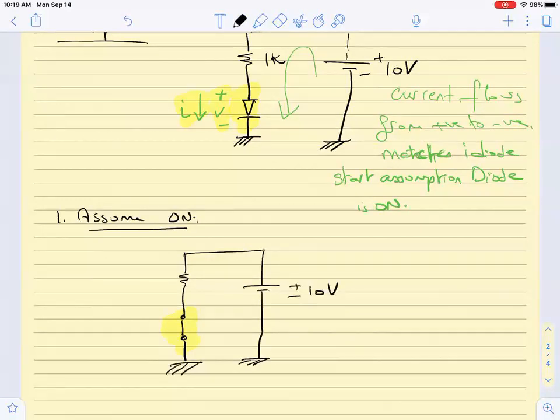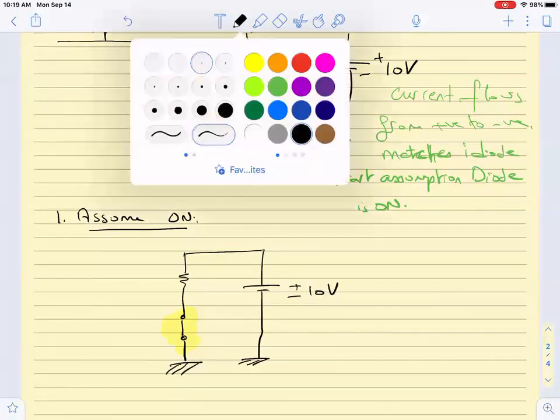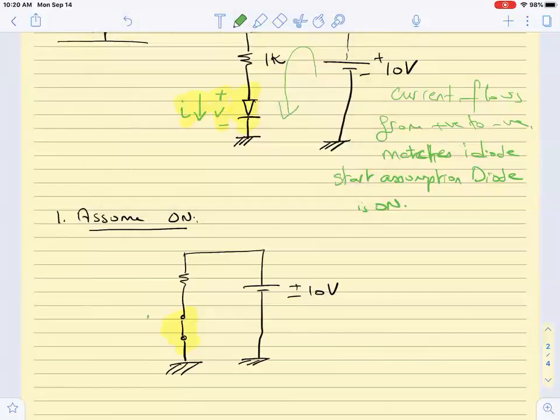I keep the direction of the diode current as I. And this is V of the diode, which is 0. So we know that V is 0. We want to check, since we said on, that I is positive.